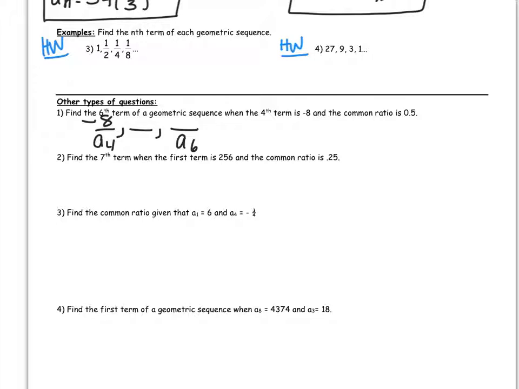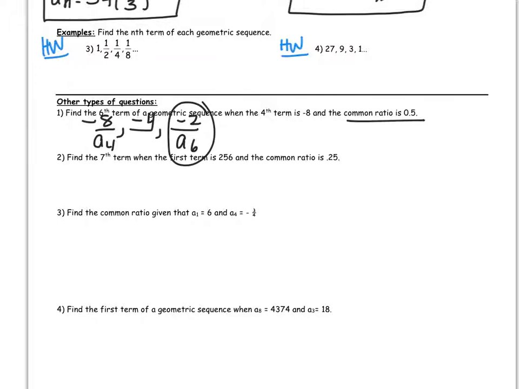Technically with this one, all you really have to do is multiply by the common ratio. So common ratio is 0.5, so a half times negative 8 is negative 4, and then negative 4 times 0.5 again is a negative 2. So that is my sixth term.